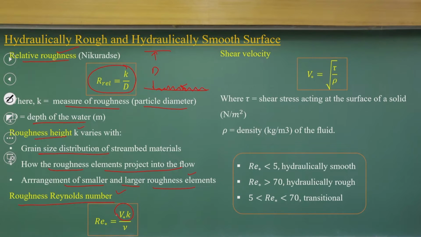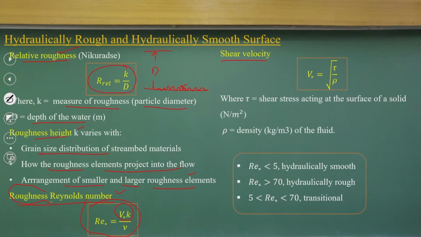Here again, what is a shear? It is a shear force in the unit of velocity. That is what we define to make it a non-dimensional form of the Reynolds number, defined in terms of the shear velocity.